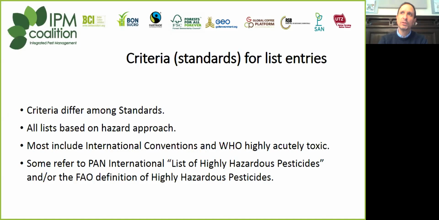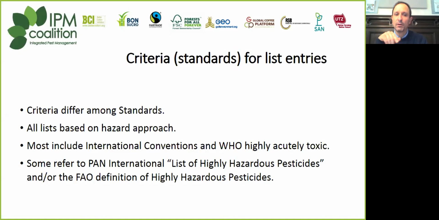A risk approach will say this pesticide is relatively safe depending on the dose that you use and on the kind of equipment and exposure that the person applying the pesticide may be exposed to. So the hazard approach is relative only to the pesticide. It's a quality of the pesticide itself, independent of how it is used. So we are talking about active ingredients in this list mainly.